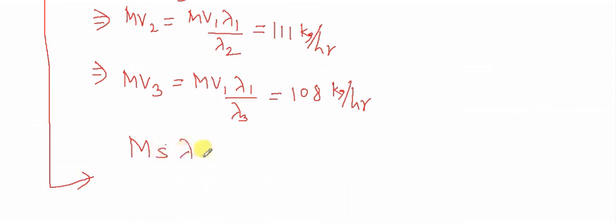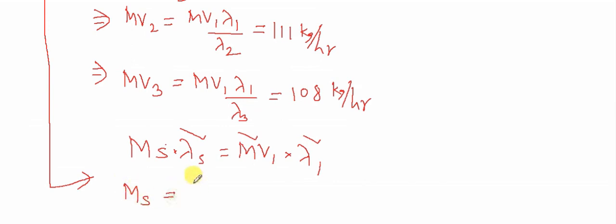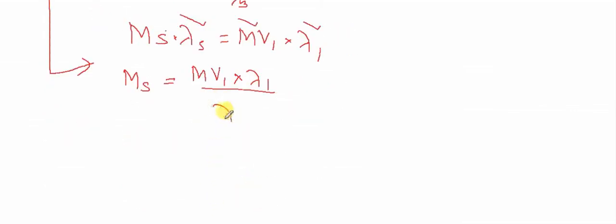Ms into lambda s is equal to mv1 into lambda 1. Now we know the value of mv1, we know the value of lambda 1, we know the value of lambda s. From that you can calculate ms is equal to mv1 into lambda 1 divided by lambda s.